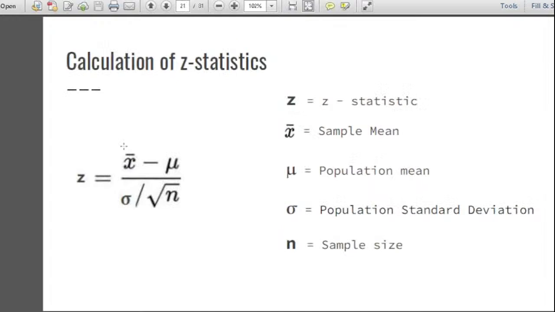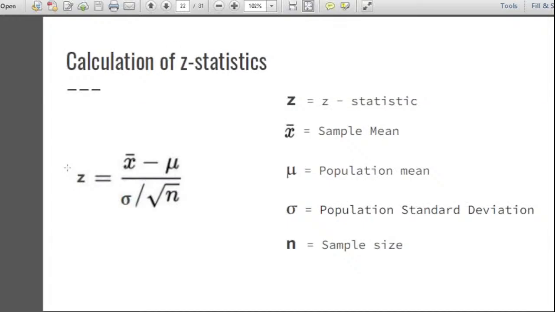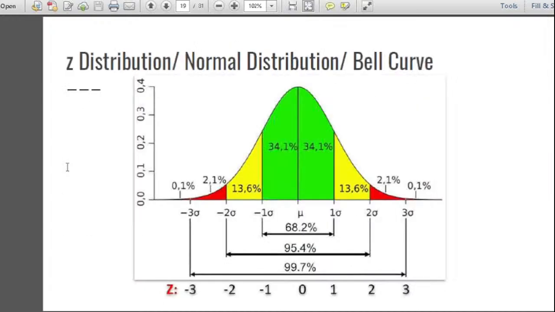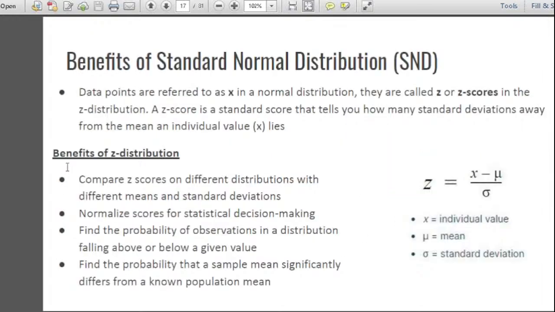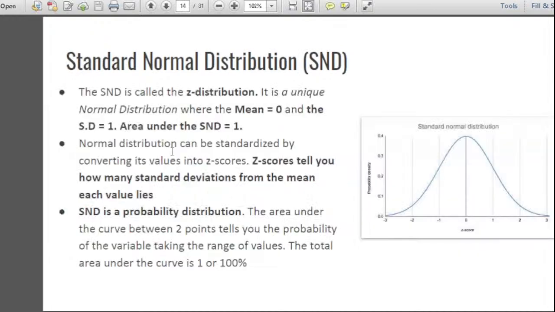Okay, now the formula to calculate Z statistic, I've already shown this to you, right? So let's do this. Now we have done Z-test theoretically, we have done the concept part of Z-test. Now let's go into R and do this Z-test.